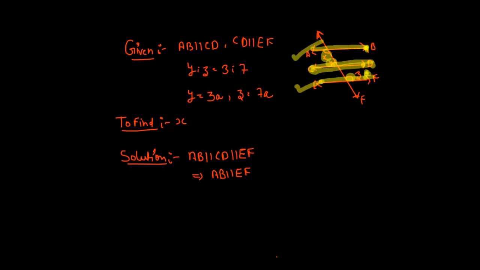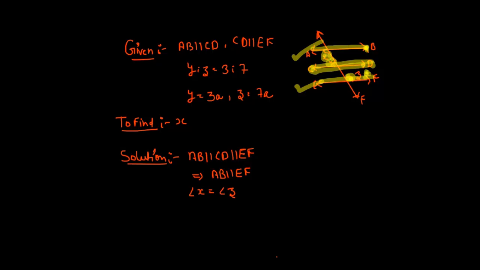Okay, so X and Z are what? Alternate interior angles. So X and Z are alternate interior angles. This implies that angle X is equal to angle Z. तो angle X किसके equal होगा? Angle Z के equal होगा.